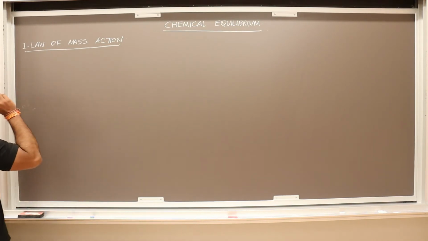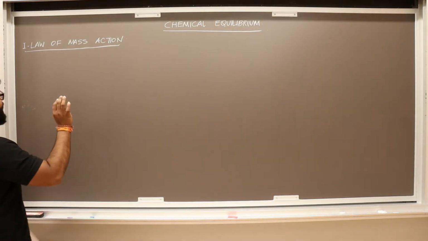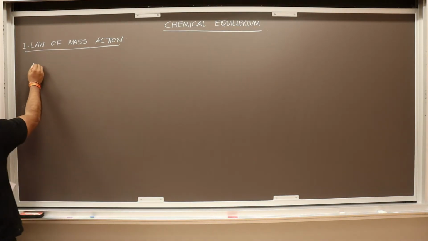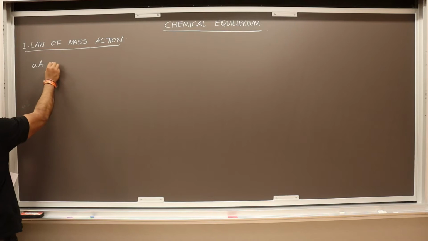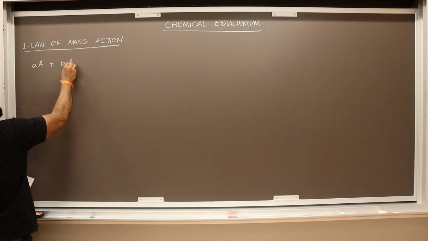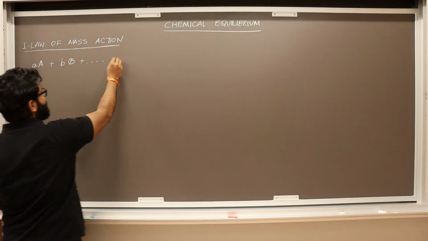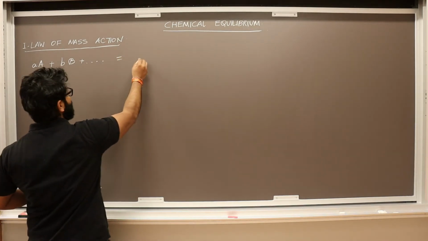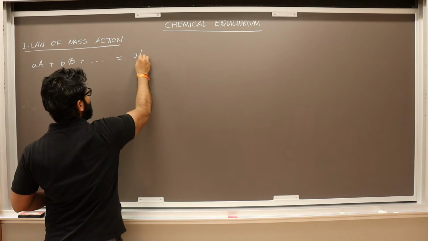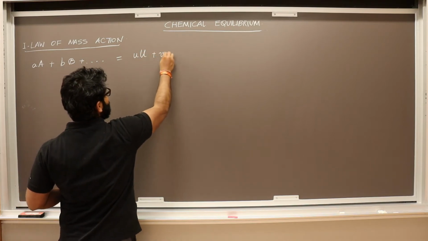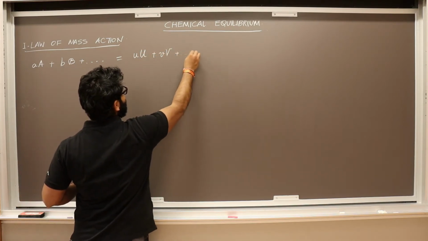At equilibrium, let's take an example of a reaction, a very basic representation. Say you have more reactants in here, and this is giving you products, something like this.